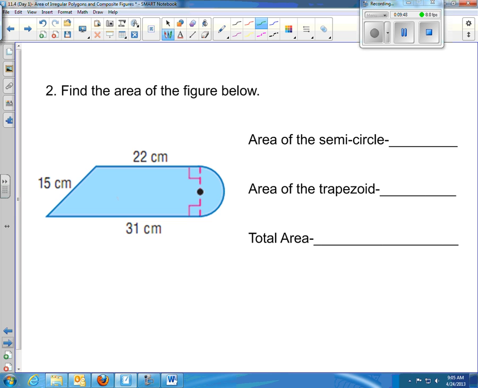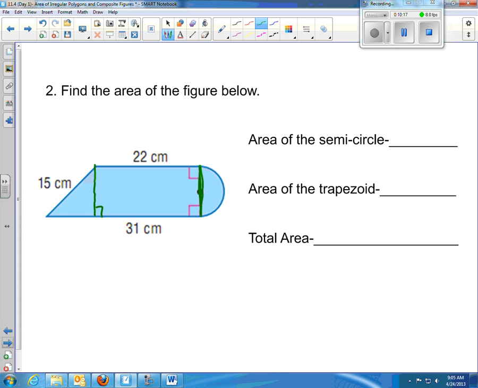So go ahead and look here, find the area of the figure below, and it's broken into a semicircle and our trapezoid. Now for our semicircle, we would need a radius, and we don't have one here, and so we need to find it. And I'm just going to help you guys get this one started. This diameter will also stand for our height in the trapezoid. And I can also drop down a height here with a right angle.